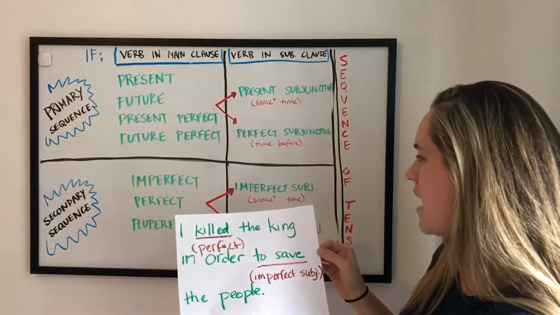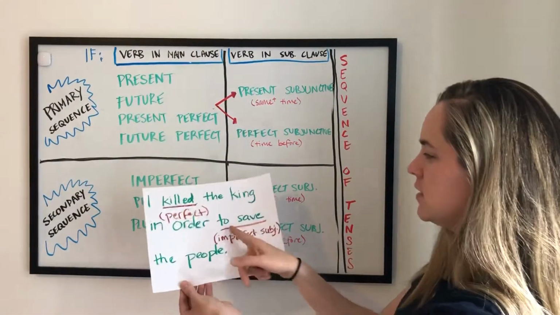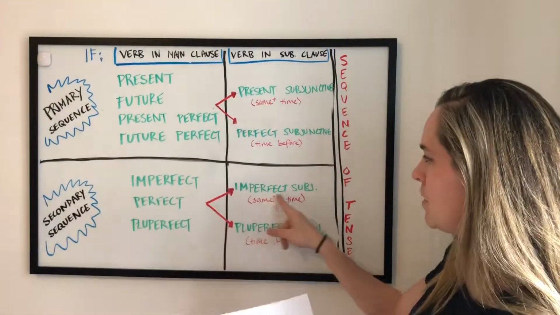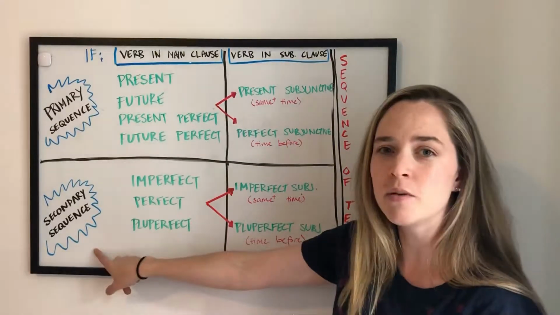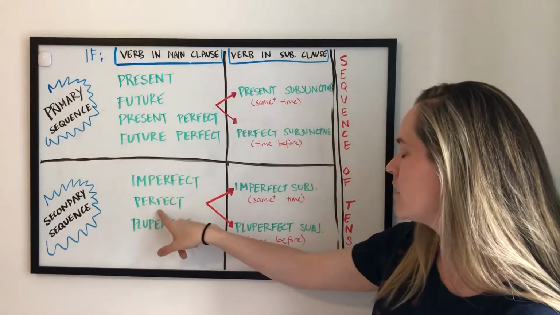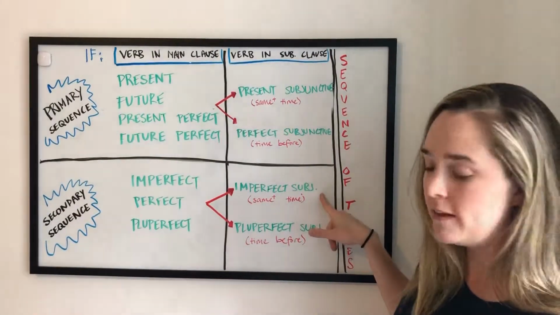Well, it happens after. It's same time plus. So if this verb "to save" was in Latin, now it would be in the imperfect subjunctive, because in our flow chart we've decided we're in secondary sequence, we have a verb in the perfect, it's happening same time plus, so we need the imperfect subjunctive.